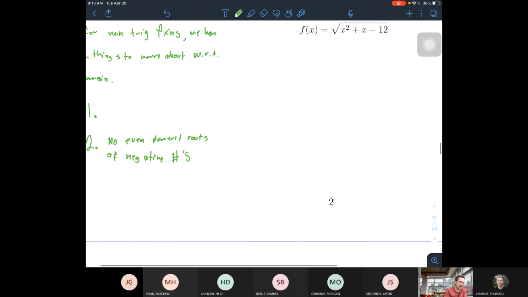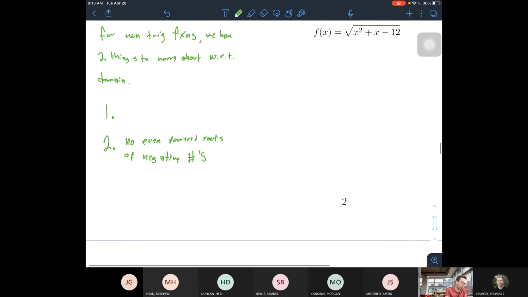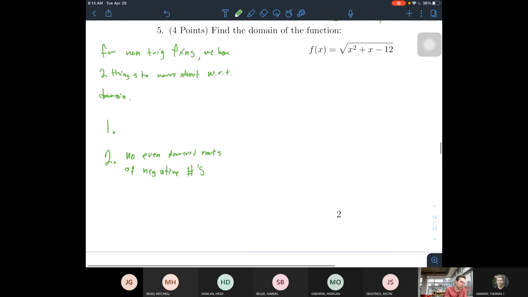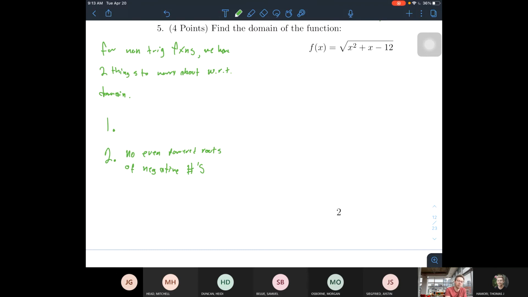This one is going to be applicable for this function, for sure. What's the other thing we have to worry about in terms of our function not being defined? It's the most obvious case. What's the one thing we can never do in mathematics? No dividing by zero.